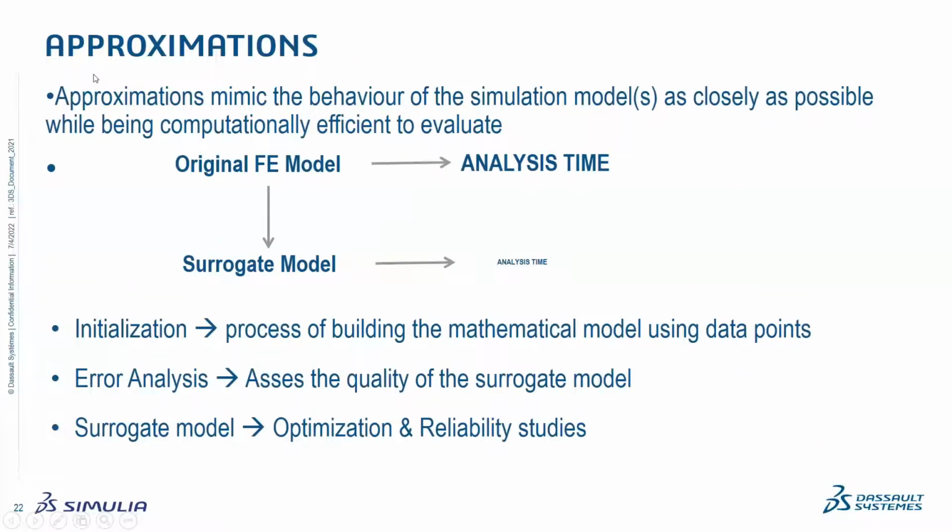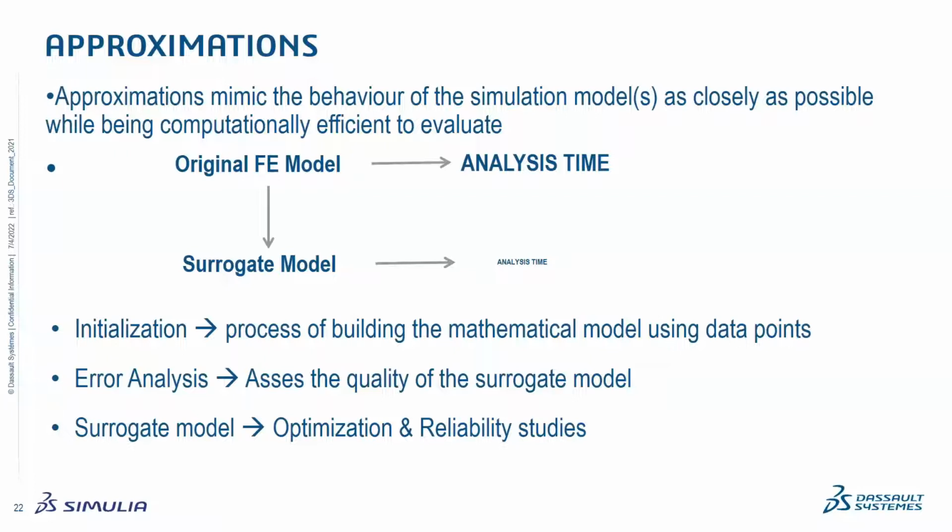Then we have approximations. Typical approximations are nothing but the meta models or the mathematical models that we create to mimic the actual behavior of the simulation model. It creates a relation between your input and output.